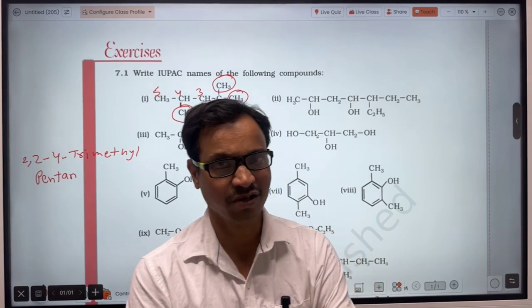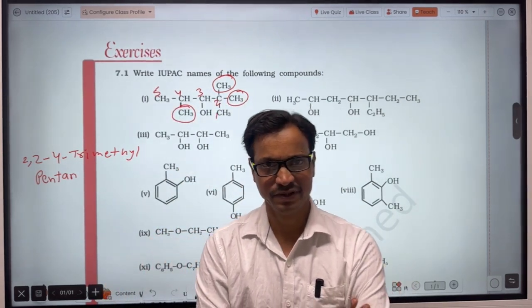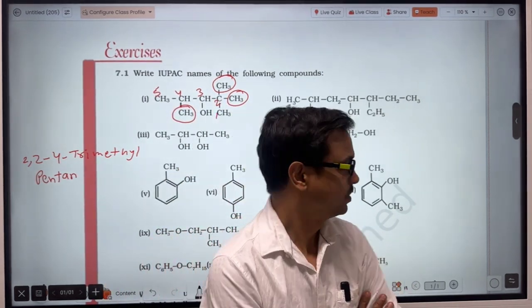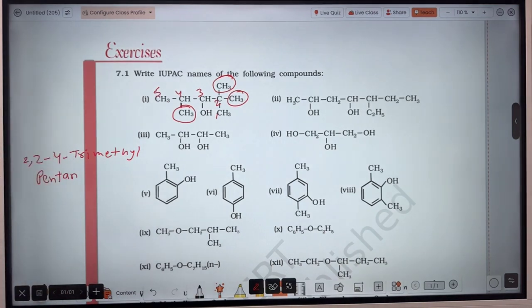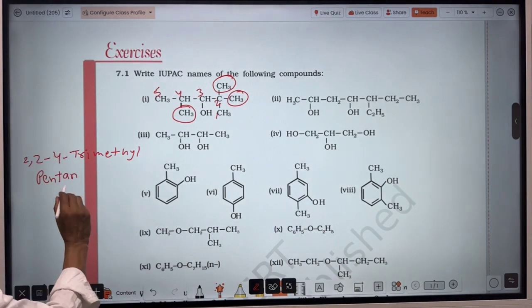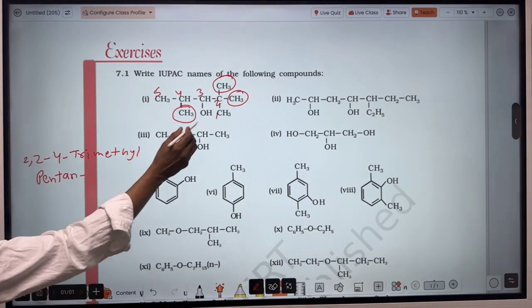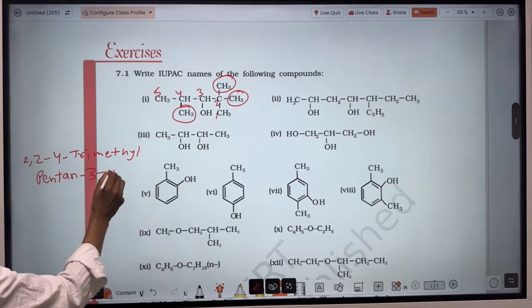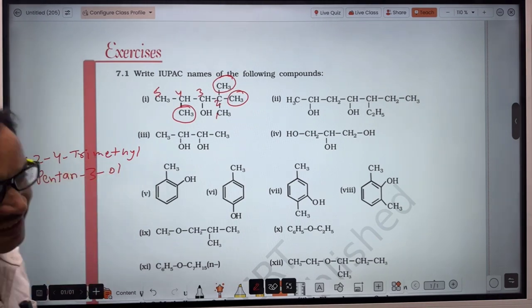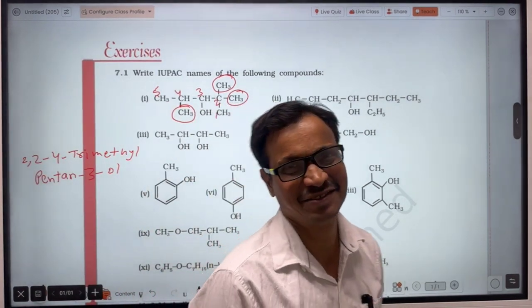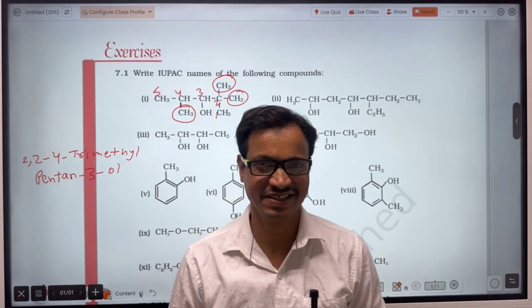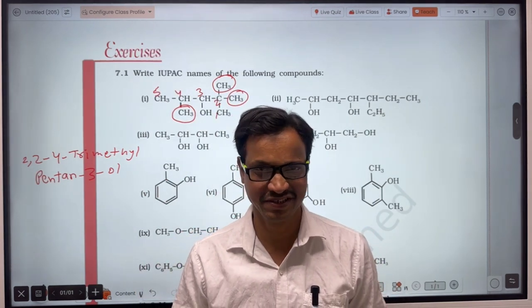And here E is also a vowel, so we will not keep two vowels together. So here it is pentane, the E is replaced by ol, and that is at third position. So 3-ol.